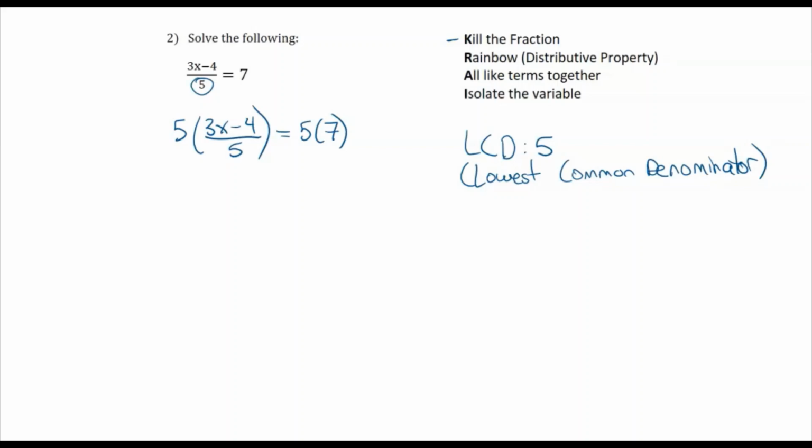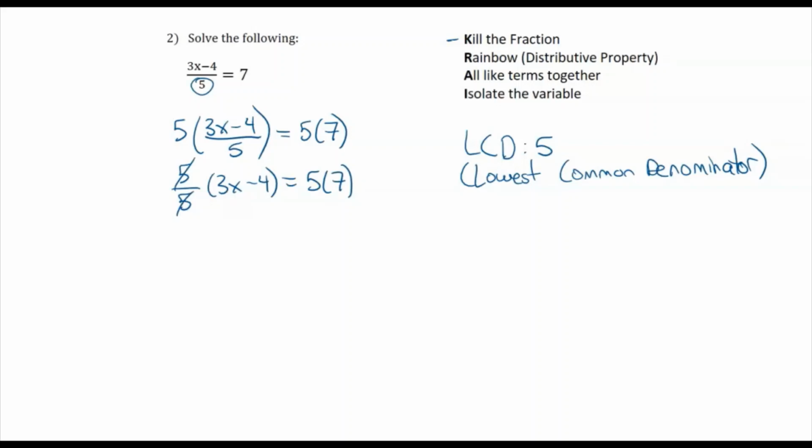So I could multiply the 5 by the 3x minus 4 and then divide all that by 5. Or I could go 5 divided by 5 and then multiply it by 3x minus 4. We can swap the order of multiplication and division. That's totally allowed. So another way to write this would actually be 5 over 5 times 3x minus 4 equals 5 times 7. And so now you can clearly see that that cancels out.